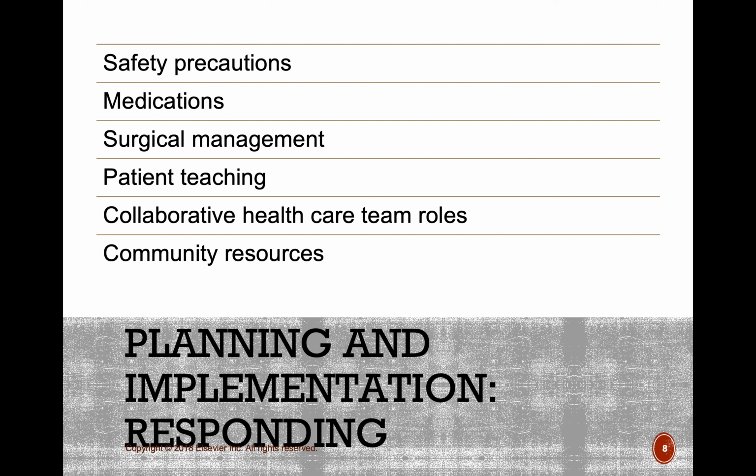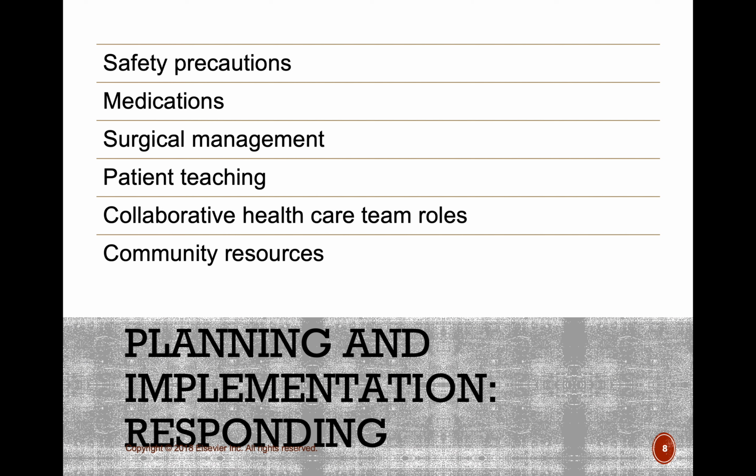Let's see. Patient teaching, include them in the plan. Talk to them about how they can modify their home, how they can get maybe working with a physical therapist or something like that to incorporate strengthening exercises, or be fitted for assistive devices like walkers or canes, so that they have more stability, especially if they have that curvature of the spine, so it can help prevent them from falling.